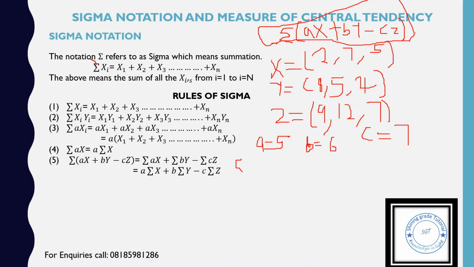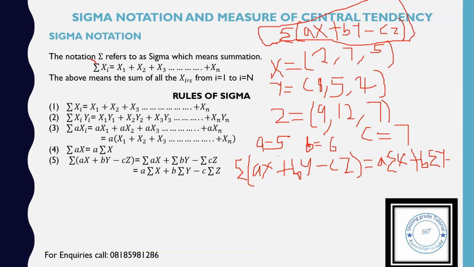Just remember our law: this sigma notation of ax plus by minus cz equals a times the summation of x, plus, bringing the constant out, b times the summation of y, minus c times the summation of z.